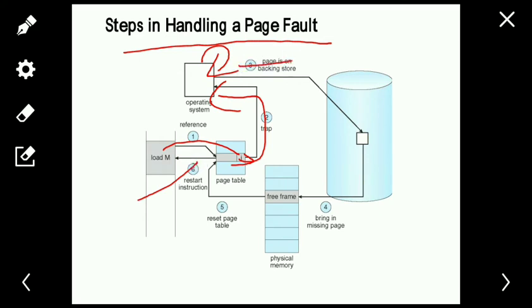So it will start searching the hard disk. In the hard disk it will find the page and bring the page to the main memory here.